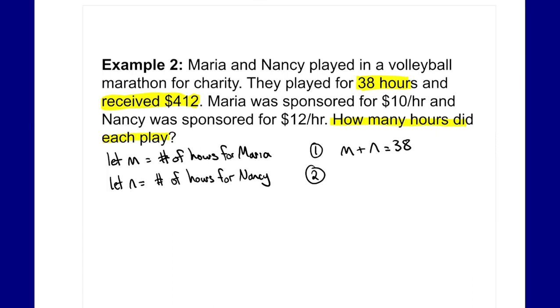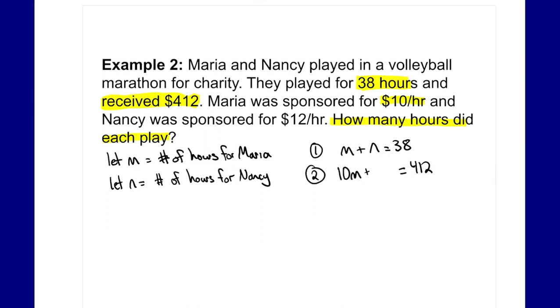The other equation is going to have to relate to the $412 that they earned. So how would we calculate how much money they made using these two variables? Well, we know Maria was sponsored for $10 per hour. So however many hours she played, m, if we multiply that by 10, that would be how much money she made.